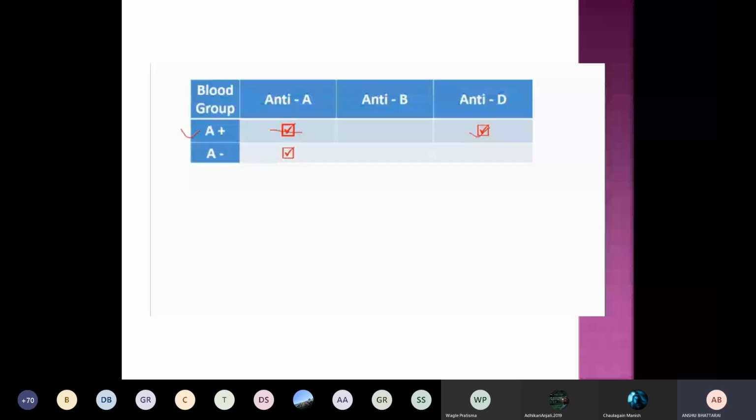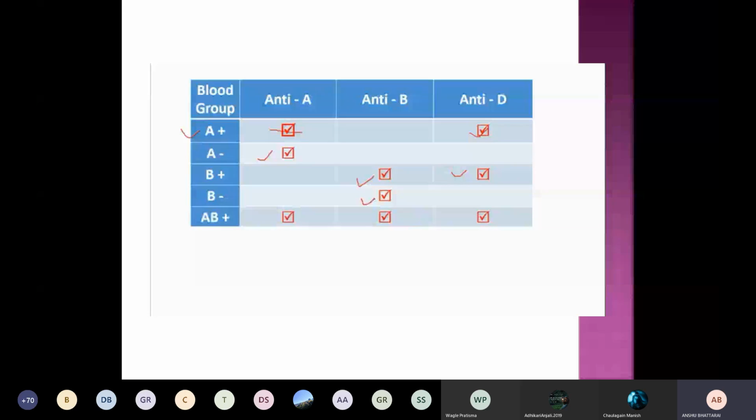In persons of A negative blood group, you will find agglutination in antisera A solution. In persons of B positive blood group, you will find agglutination in antisera B solution and antisera D solution. In persons of B negative blood group, you will find agglutination only in the antisera B.